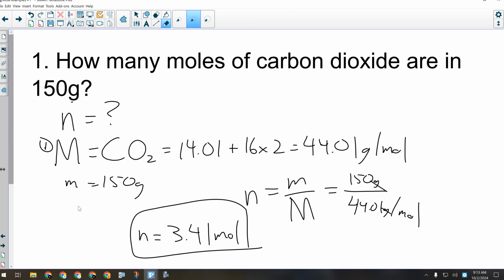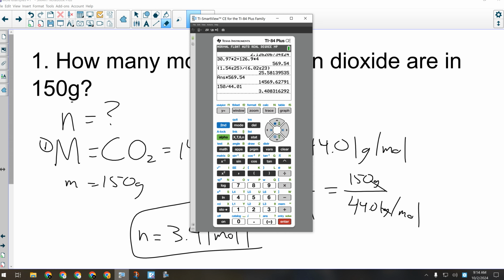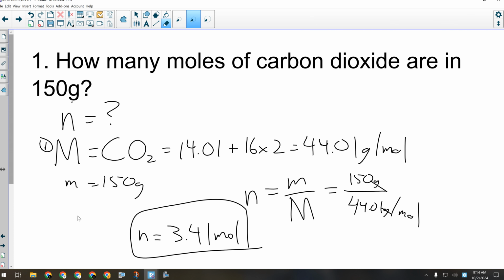You know what, I don't feel like that's right. I was sure it was 46, but the number for carbon is 12.01. That's why. I can't remember that carbon is 12.01. Now it's right, or it was always right.